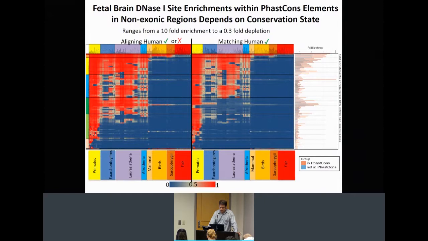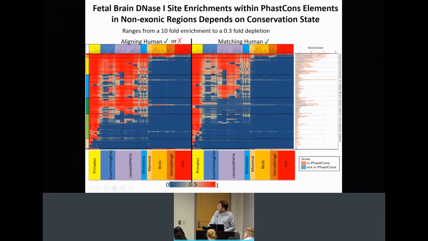But what we see here is that depending on which conservation state the PhastCons element is in, it can have very different enrichments, where those PhastCons elements that are in a lot of these states here, which don't have a particularly robust alignment pattern, have very limited enrichment for these fetal brain DNase sites, in orange.